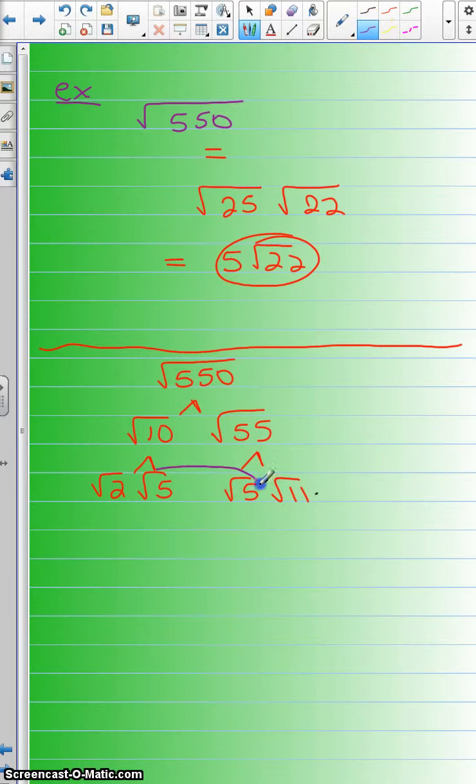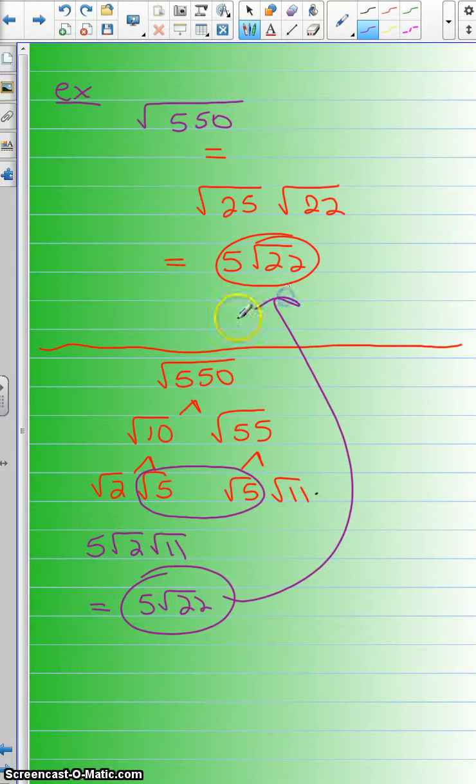I have a repeat at the square root of 5, so that's just giving me a plain 5. So I have square root of 5 times square root of 5 or 5, square root of 2, square root of 11. So I really have 5 square root of 22, which is exactly the same as above.